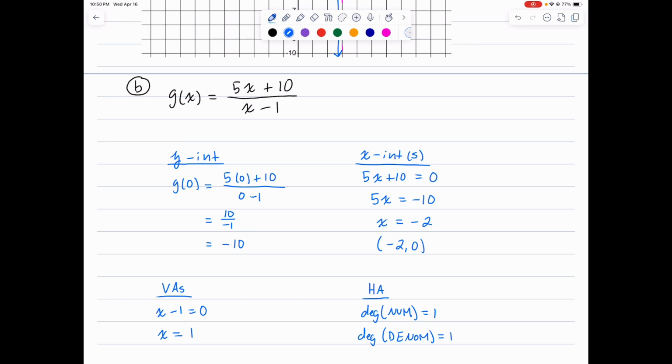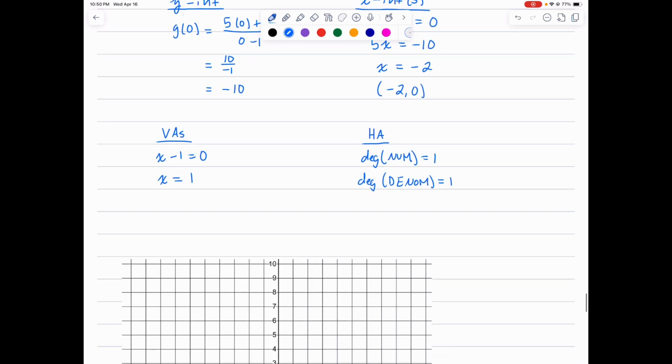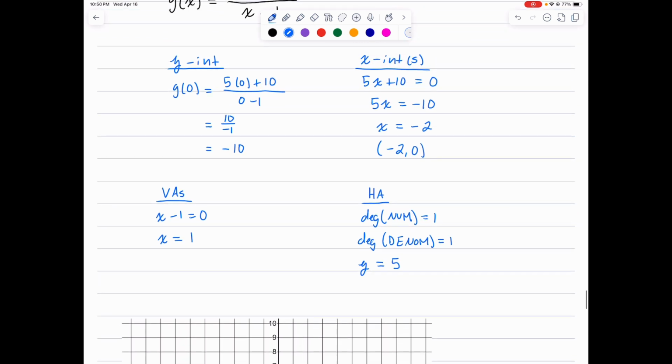So that means we're going to have a horizontal asymptote of y equals 5 over 1, which is just y equals 5. Okay. So now, I forgot to write this as an ordered pair. That's okay. 0, negative 10.